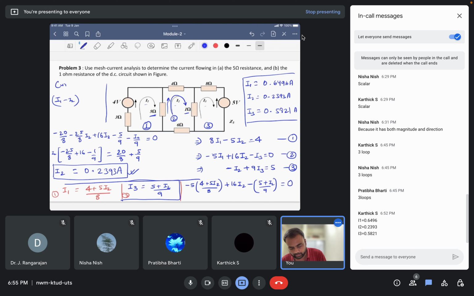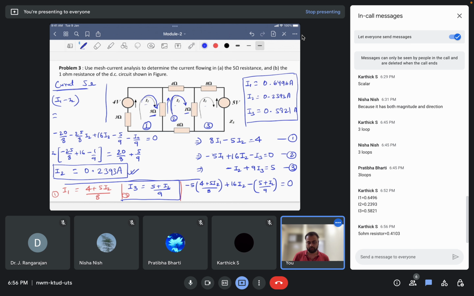So the current through the 5 ohm resistance is this component I1 subtracted by I2, that is opposite to the direction of I1. So simply subtract these values. I1 minus I2 will be 0.6496 minus 0.2393. Always keep your calculator with you. So this is 0.4103.